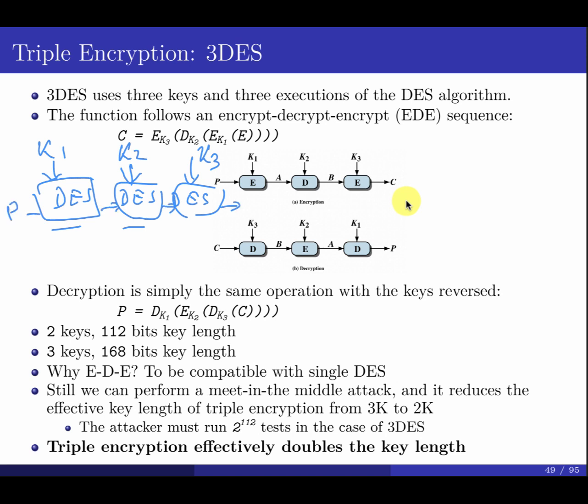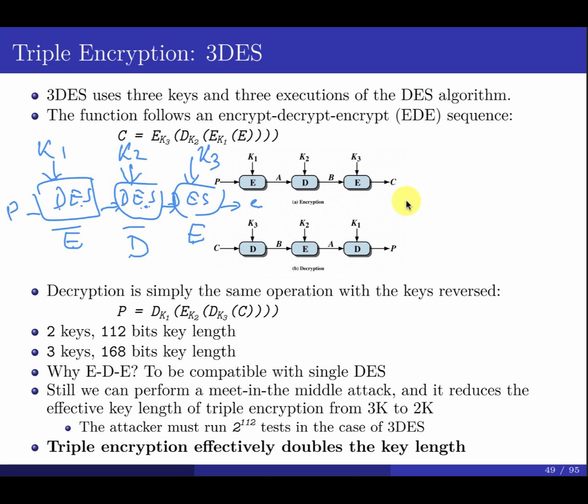This is the plaintext, and this is the result. In order to use DES, I have a choice, either use encryption or decryption. The structure looks something like this. The first one, I'm going to perform encryption. The second DES, I'm going to perform decryption. And the third one, I'm going to perform encryption. So it looks like EDE for the encryption.